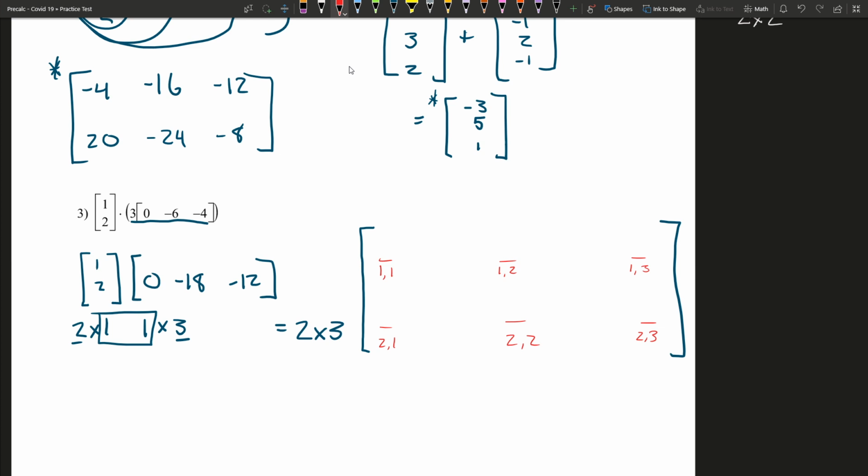Okay, so first row, first column tells you to multiply the first row by the first column. First row, second column tells you to multiply the first row by the second column. First row, third column.